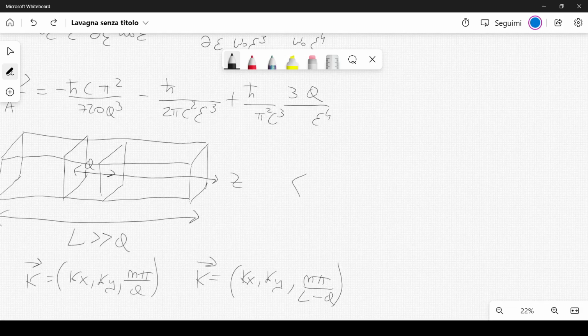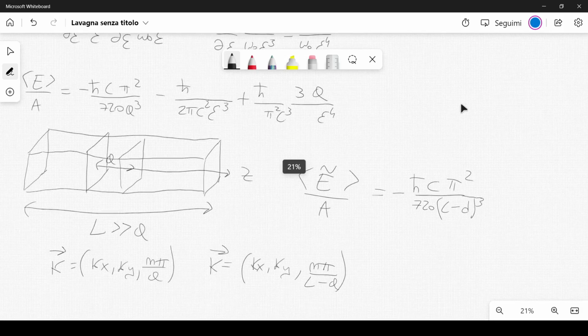So in this case, let me call the energy in this second scenario, let's say in the second case, E tilde average over A, and you're going to get exactly the same thing: minus h bar c pi squared divided by 720 (L minus a) cubed.